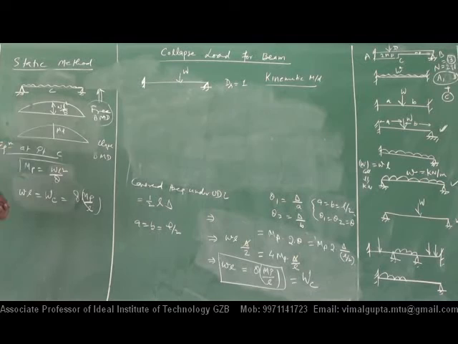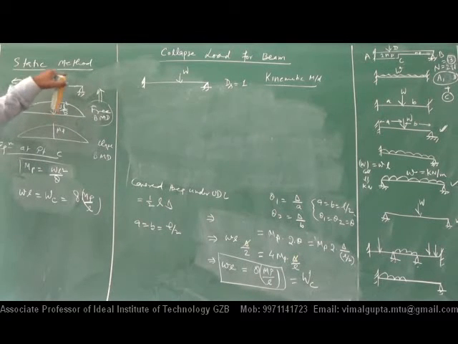Which type of redundant do I have to remove? Moment, yes, that is what I wanted to hear. That type of redundant I have to remove. After removing that, what will I get? A simply supported beam with concentrated load.